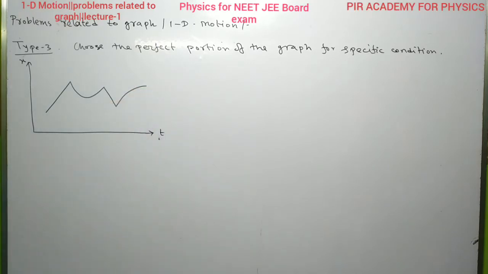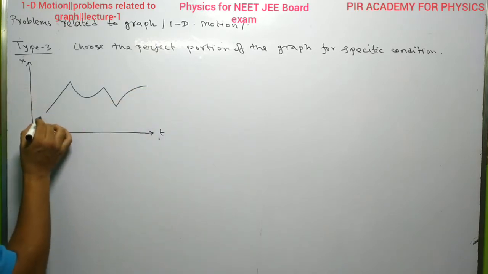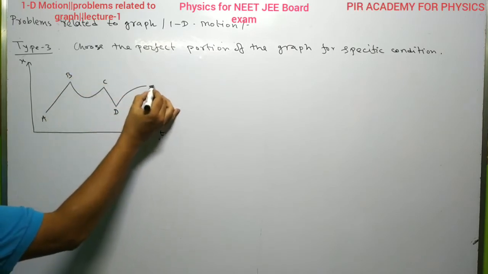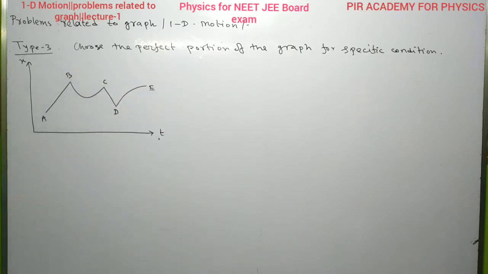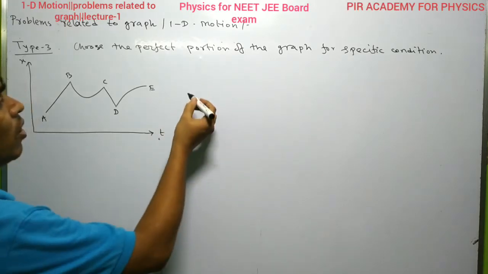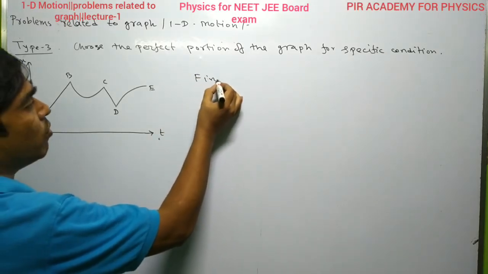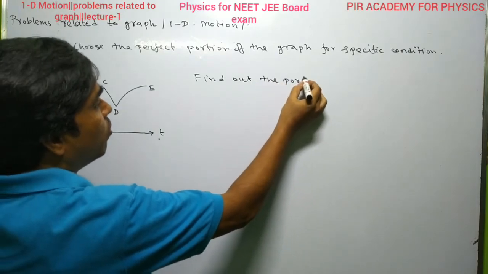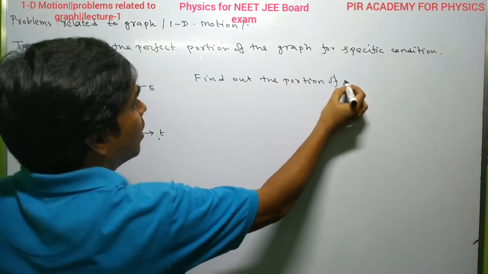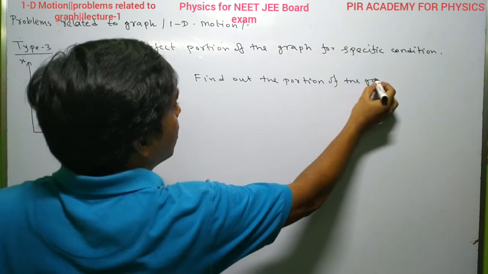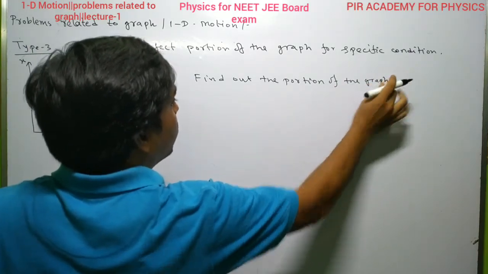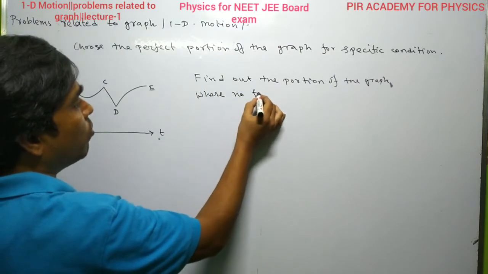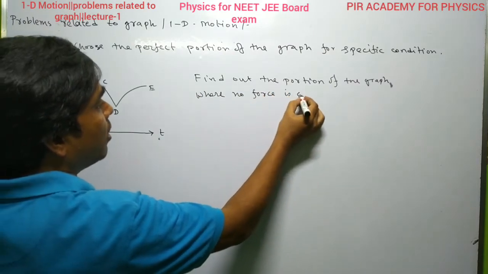If I draw the curve of x-t of a particle from A to B, here is C, here is D, here is E. You have to find out the portion of the graph where no force is acting.